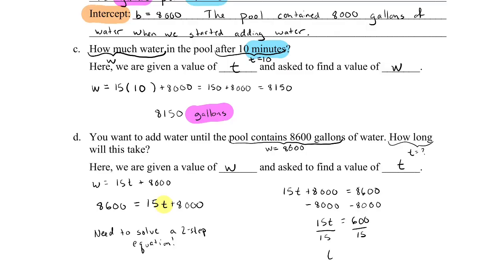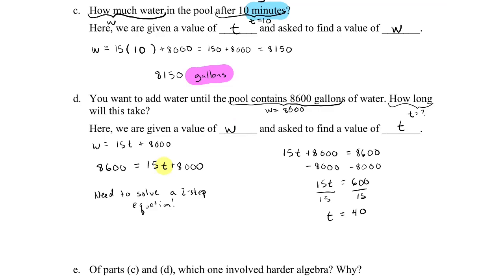And we'll get t equals, that's going to be 40. So how long will it take? We found t equals 40. This will take 40 minutes. And again, we just found the value of t. So our answer has the same units as t does.